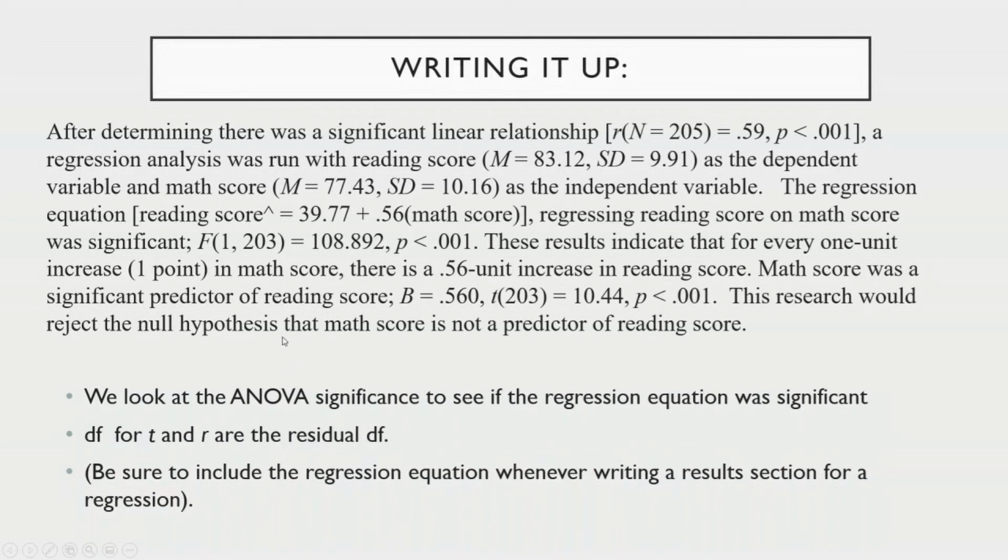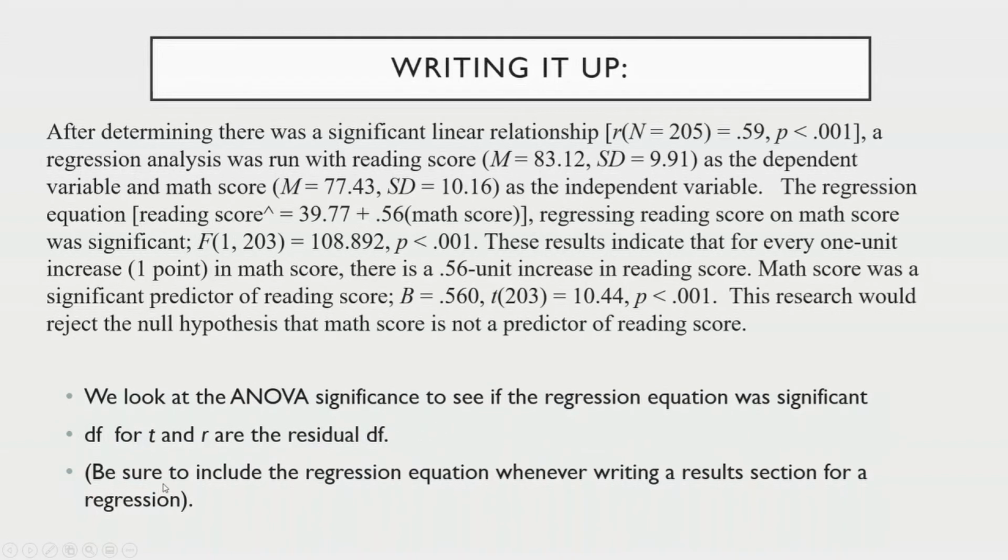Now, I'm going to break all this down for you, so don't get overwhelmed by this slide. But here are the things we are going to look at. We look at an ANOVA to see if the regression equation is significant. To find our degrees of freedom for our t or our R, we find those in the residual degrees of freedom from the ANOVA.